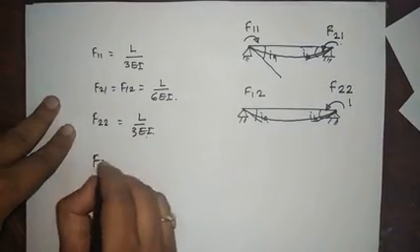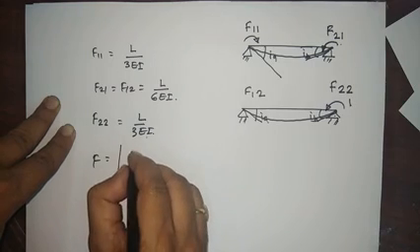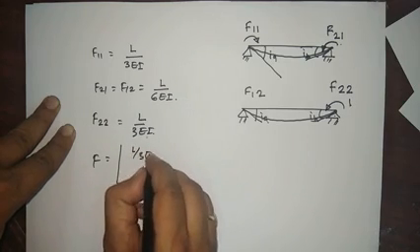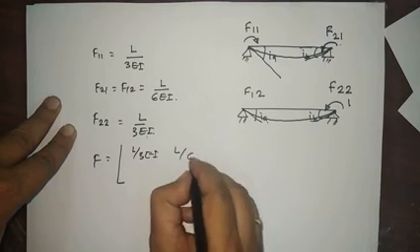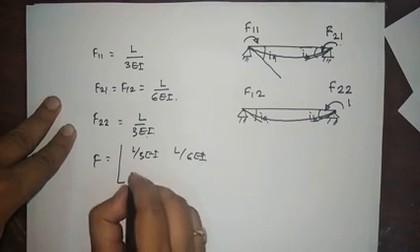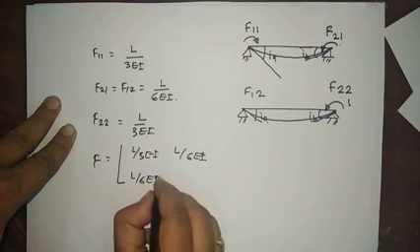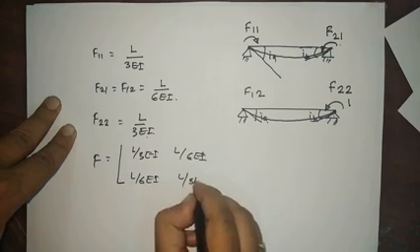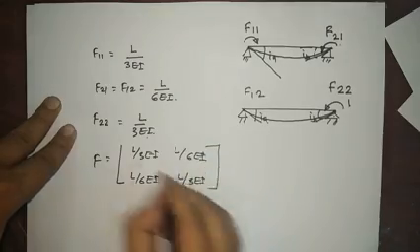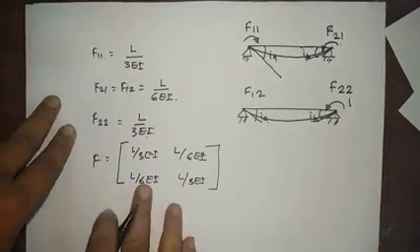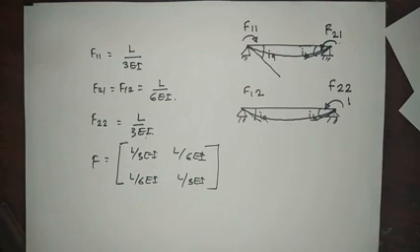So we got the usual matrix: L by 3EI, L by 6EI, L by 6EI, and L by 3EI. So here we got all the matrices: DQ matrix, DQL matrix, F matrix, and the Q matrix.